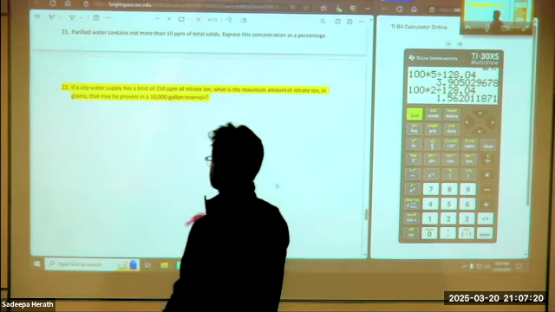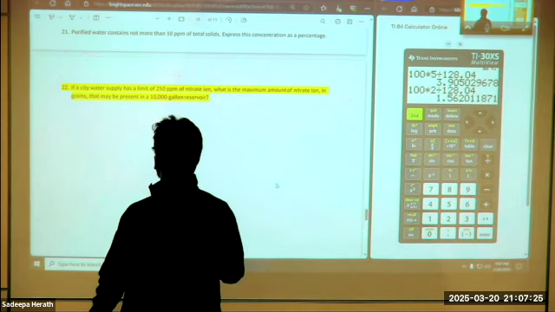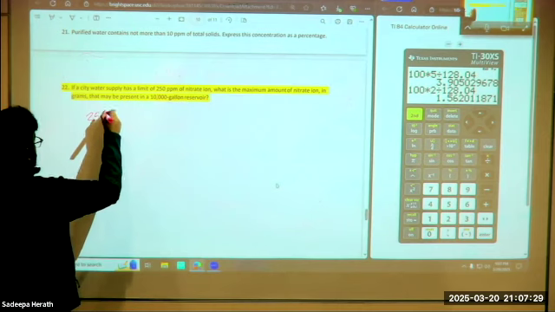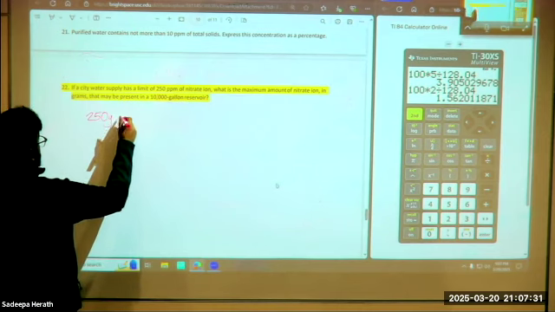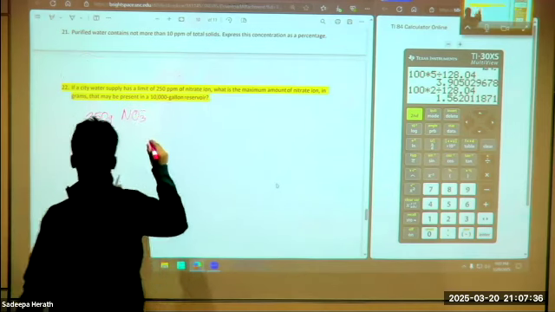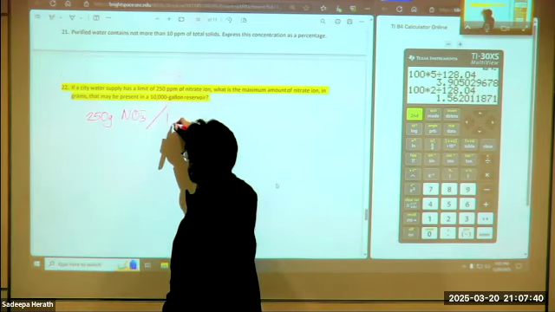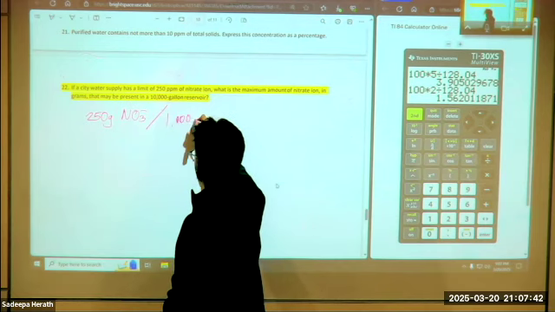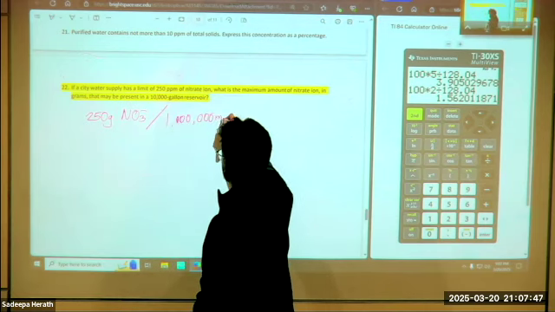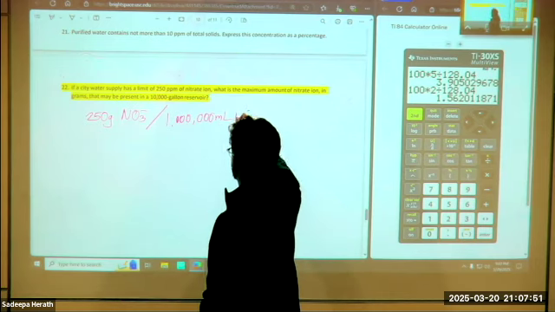So 250 ppm is equal to 250 grams of nitrate ion per 1 million mL of water.